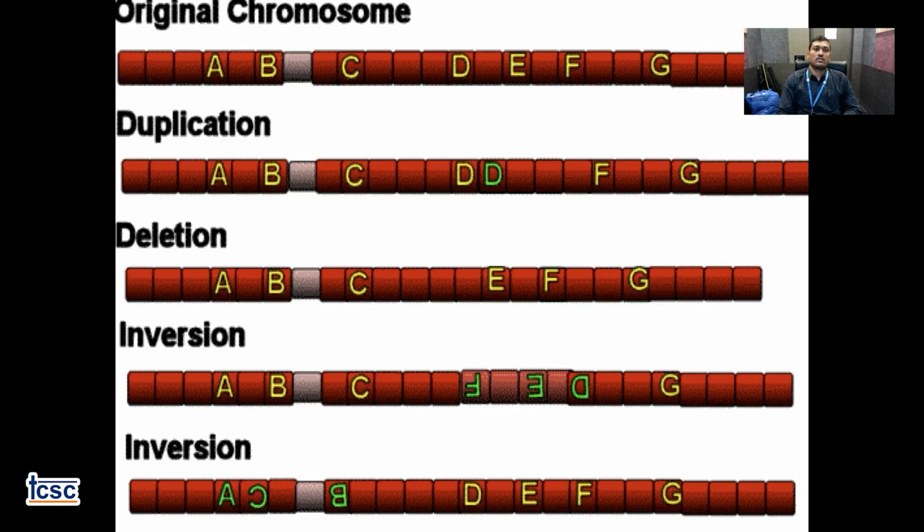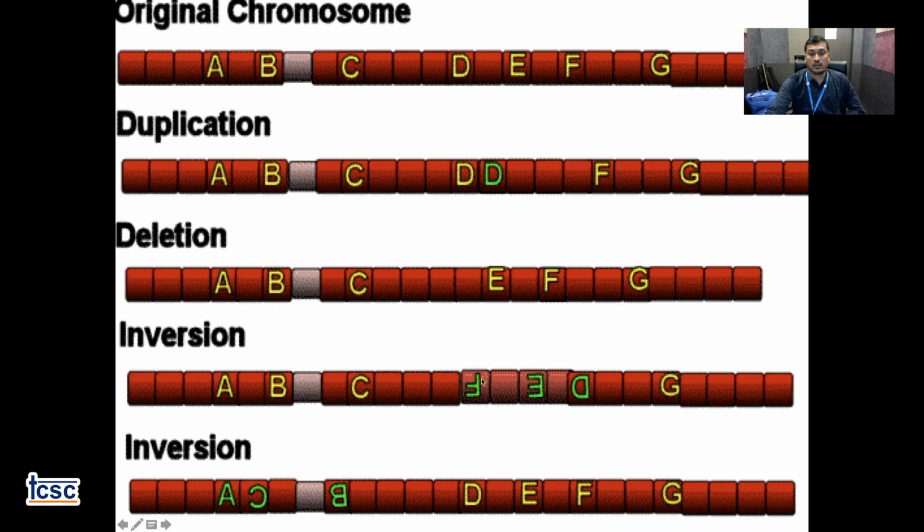Yes, here you can see the first is the original chromosome, right? After duplication, you can see here AB, AB, CC as it is, DD. Yes, here is the extra D, meaning duplication of the existing D is there. This is called duplication. Now next, deletion: you can see here D gets deleted, right? So deletion. Inversion means the position changes, right?